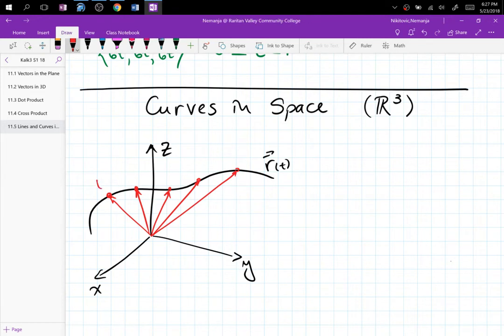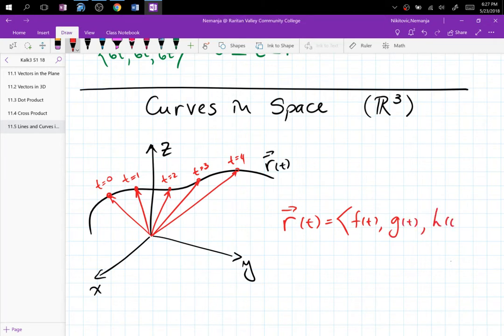And these calculations happen at t0, t1, t2, t3, t4, and so on. My vector valued function r of t is going to be the collection of f of t, g of t, and h of t for the 3D case.